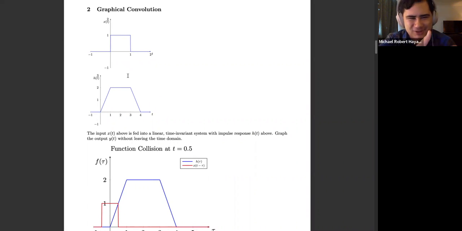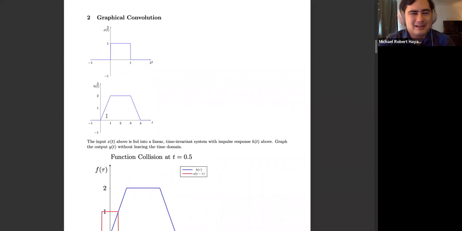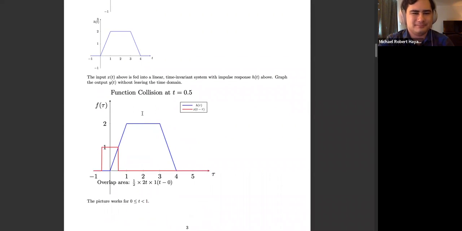You just keep shifting things along mentally until you find out. It's based off of how the width of one of your signals compares to the separation of features in your second signal. And you get 1, 2, 3, 4, 5 different regions that are non-zero.